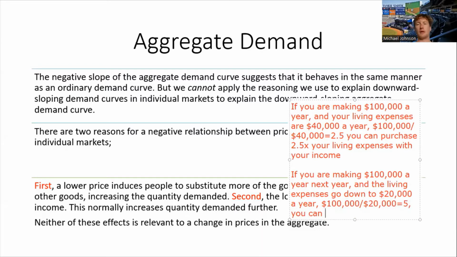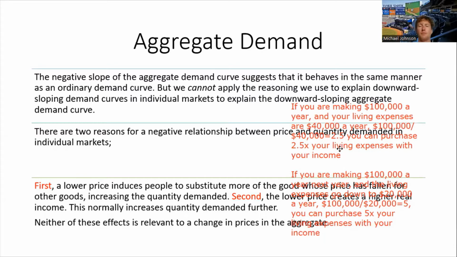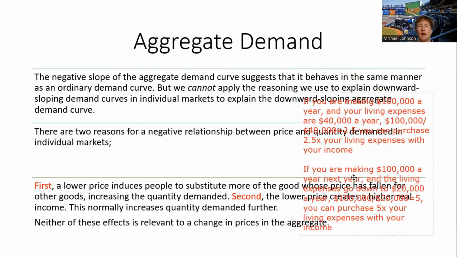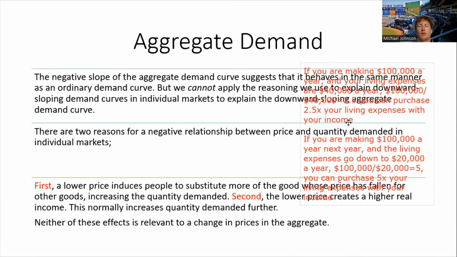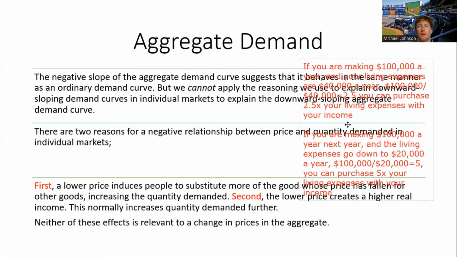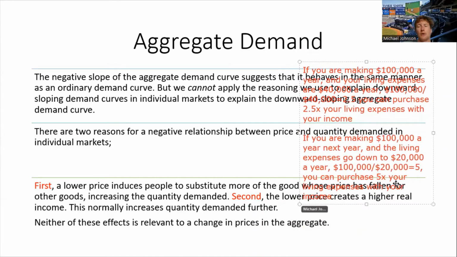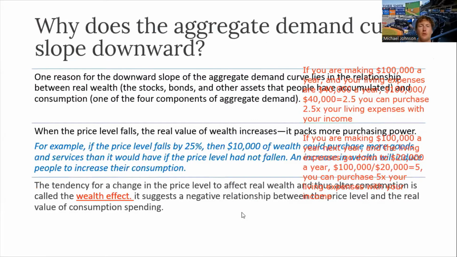So you can purchase 5 times your living expenses with your income. It shows that if your costs go down, your real income goes up. Before, your real income was 2.5 times, and now it's 5 times. That's a good scenario.